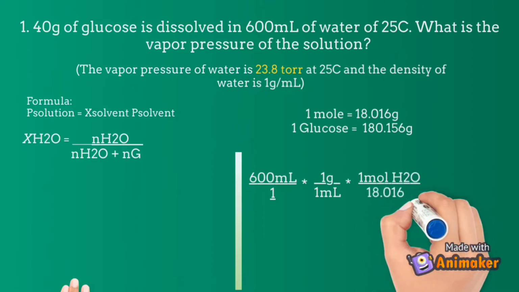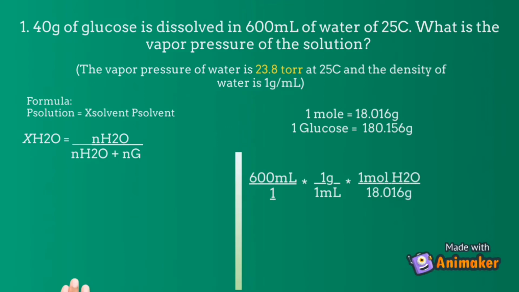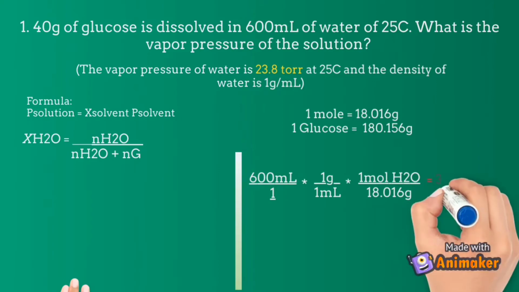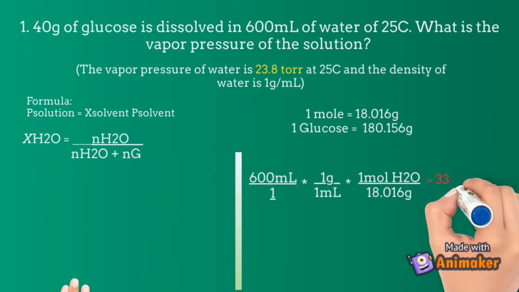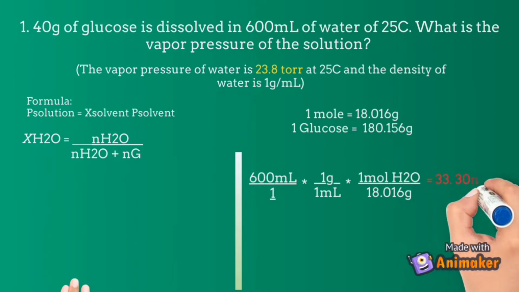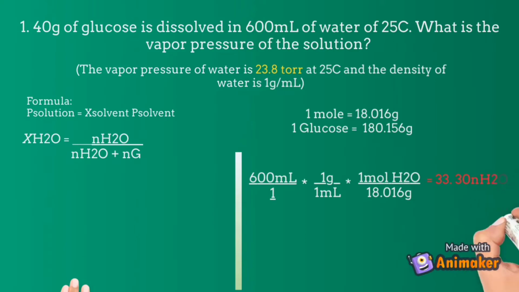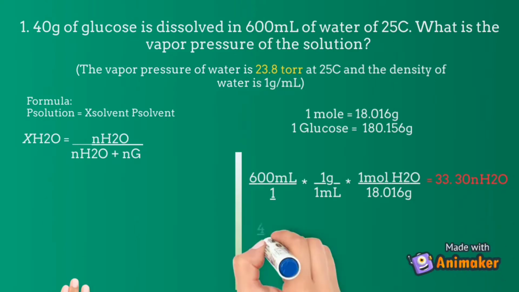So, i-multiply lang natin yung sa taas at ang sa baba, and then i-divide natin, and we got our answer, 33.30 mole of water.